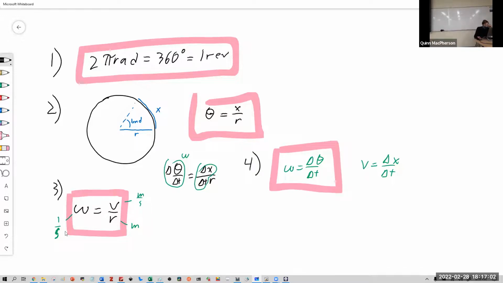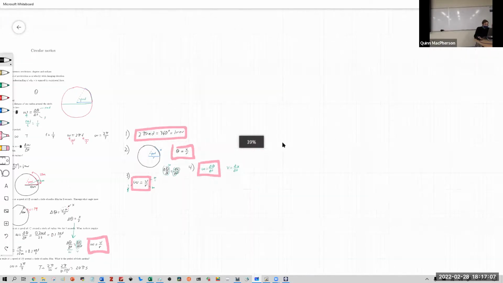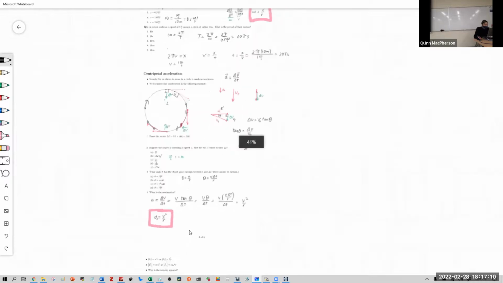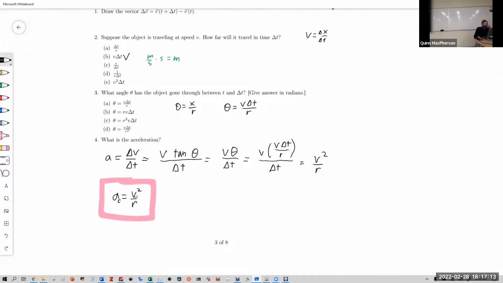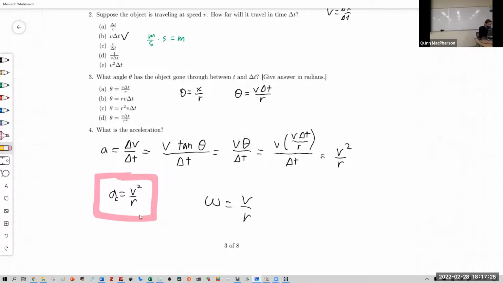Okay, we're going to combine this, omega is V over R, with the other thing we learned, which is acceleration is V squared over R. So omega is equal to V over R, and centripetal acceleration is V squared over R. Okay, I'm going to solve for V here and plug it in there.